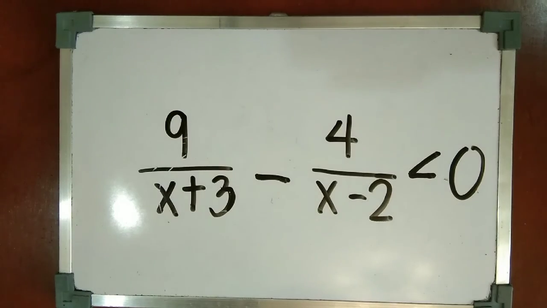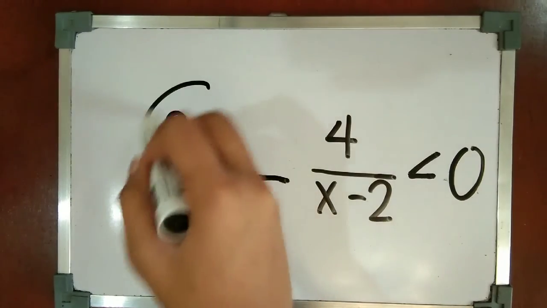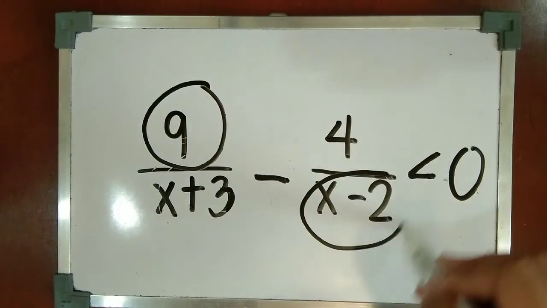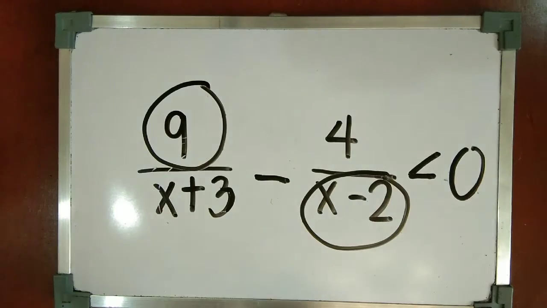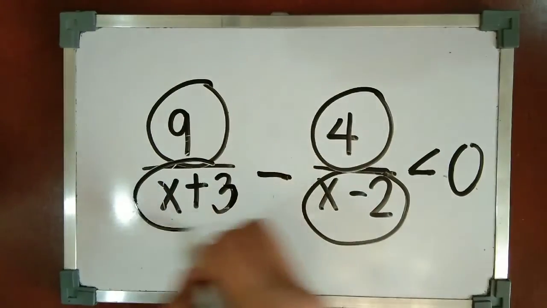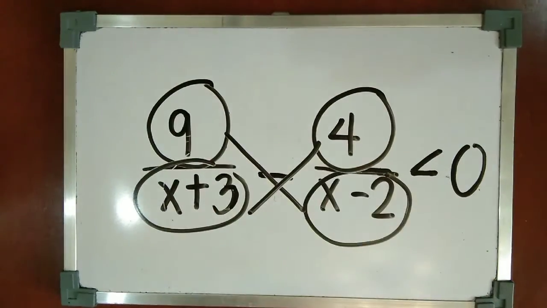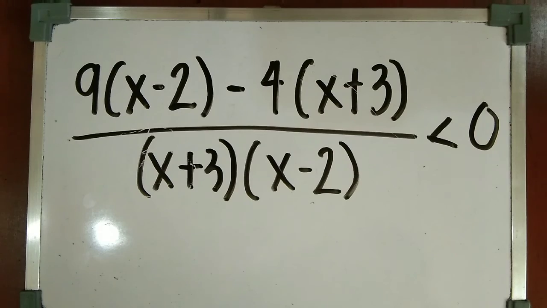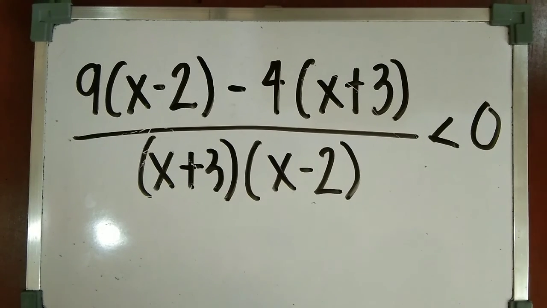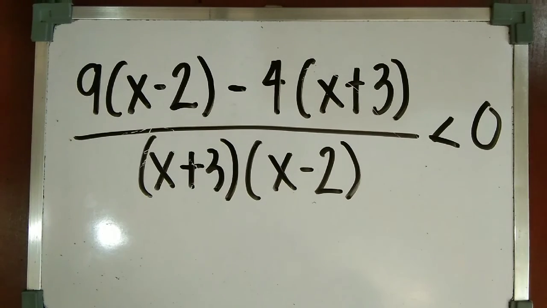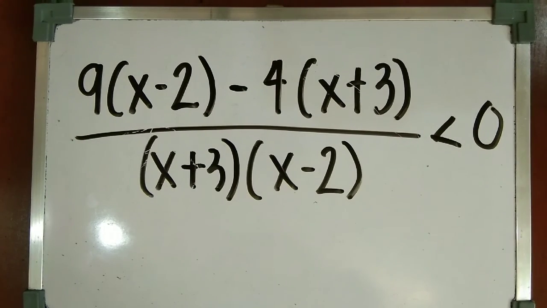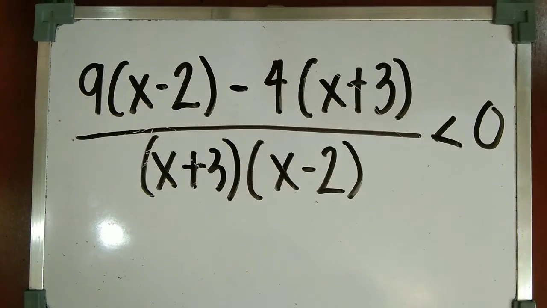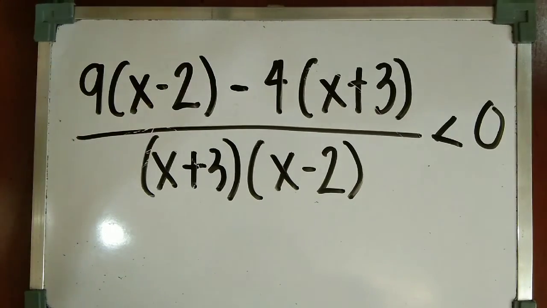Let's cross multiply 9 to x minus 2 and 4 to x plus 3. It will be 9 times the quantity of x minus 2 minus 4 times the quantity of x plus 3 over x plus 3 times the quantity of x minus 2, less than 0.